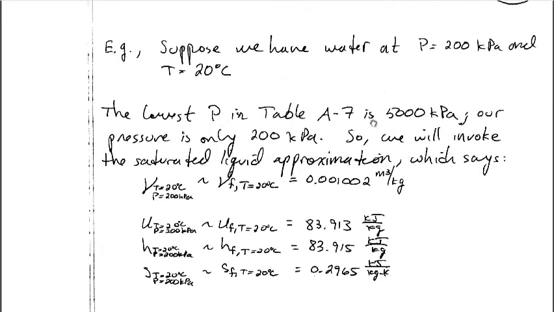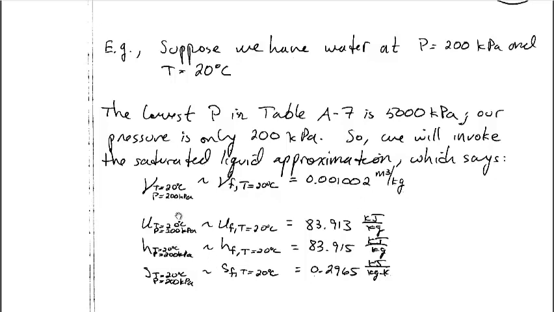So we'd like to get a little bit better approximation on our property values. That's when we invoke the saturated liquid approximation, which basically says that we assume the specific volume of water at a temperature of 20 degrees C and a pressure of 200 kPa is approximately equal to the saturated liquid specific volume at a temperature of 20 degrees C, which would be 0.001002 cubic meter per kilogram.